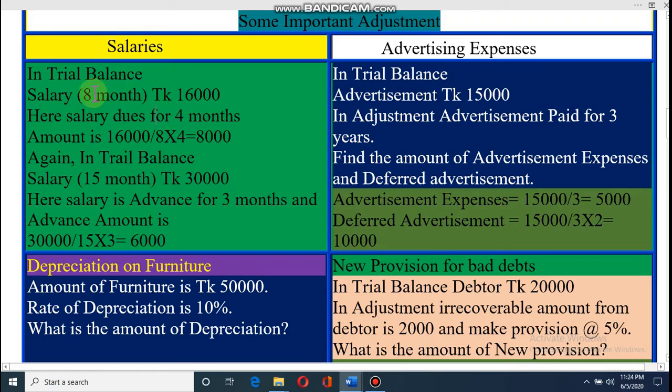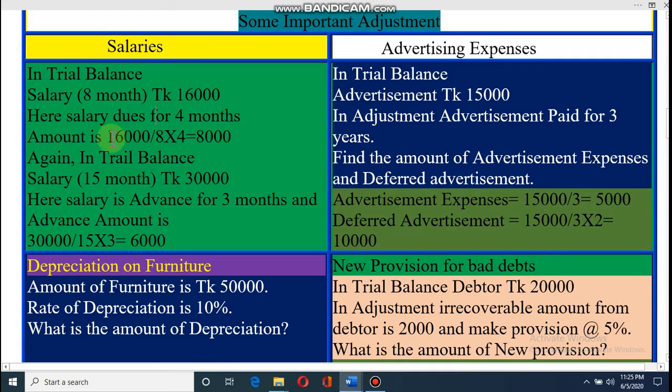If it is 9 months, then what will happen? That time salary is due for 3 months. Dear student, if 10 months is given, then it is due for 2 months. I hope you understand. The amount given is 16,000. Then you have to find out the due amount of the salary.